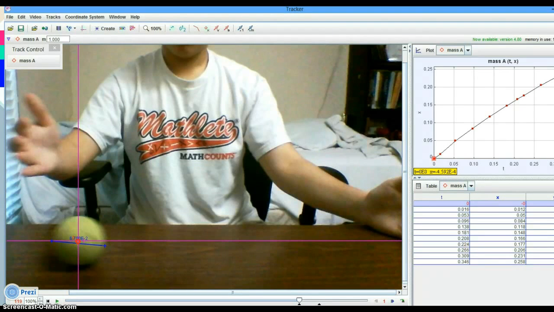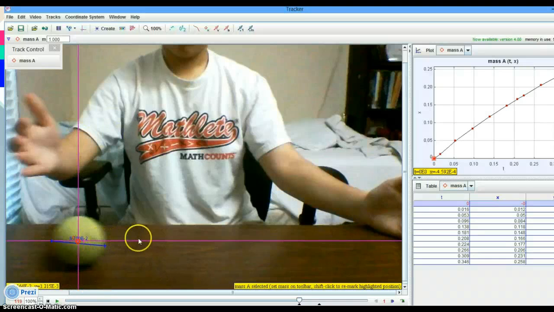I added a calibration stick right here to show the real life length of the tennis ball, and its diameter is 0.067 meters in SI units. I placed the coordinate system right near the center of mass of the tennis ball. Over here is the positive x direction, negative x, positive y, and negative y.